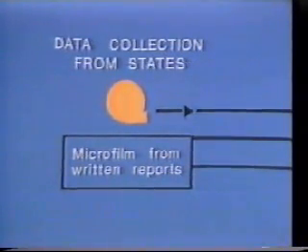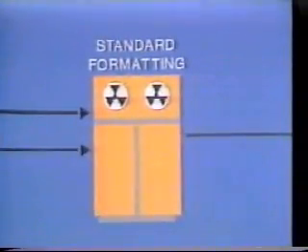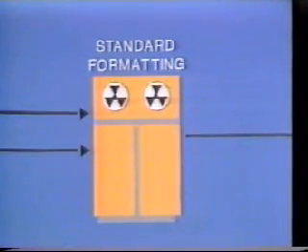This clerical process involves one of 2 things, either taking the information and posting it to ledger books and then key punching the information, or in the case of some states, it is possible to key punch directly from the microfilm data. After this is done, it is then taken into our master files and put into a standard format.